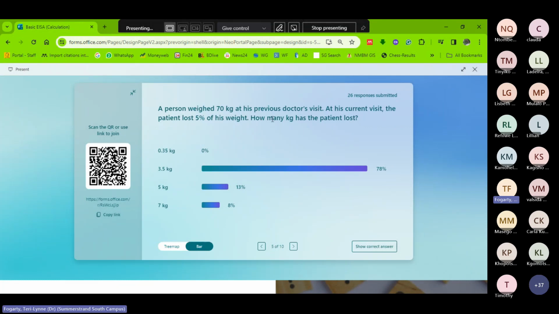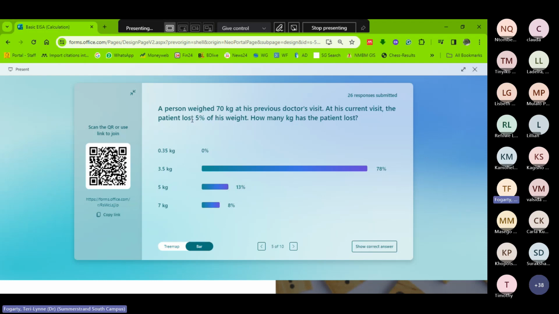It's not asking what percentage has he lost. It's asking how many kilograms he has lost. Okay. So this is now more of a problem-solving question maybe because you've got to do several steps. First, you've got to work out how much is 5% of 70. And that will then give you your answer here.